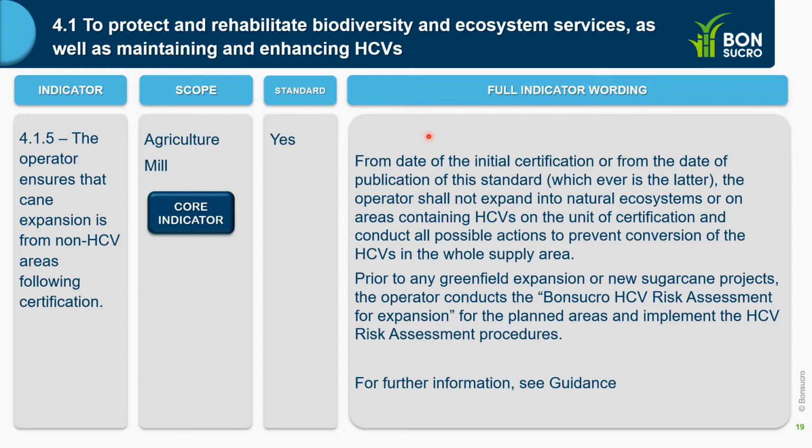So prior to any greenfield expansion or new sugarcane projects, you need to conduct a Bonsucro HCV risk assessment for expansion for the planned areas and implement the HCV risk assessment procedures that we will see later. It's very important. So this indicator says, and it's a core indicator for all certified operators, they need to have, for all new planting, a Bonsucro HCV risk assessment for expansion.